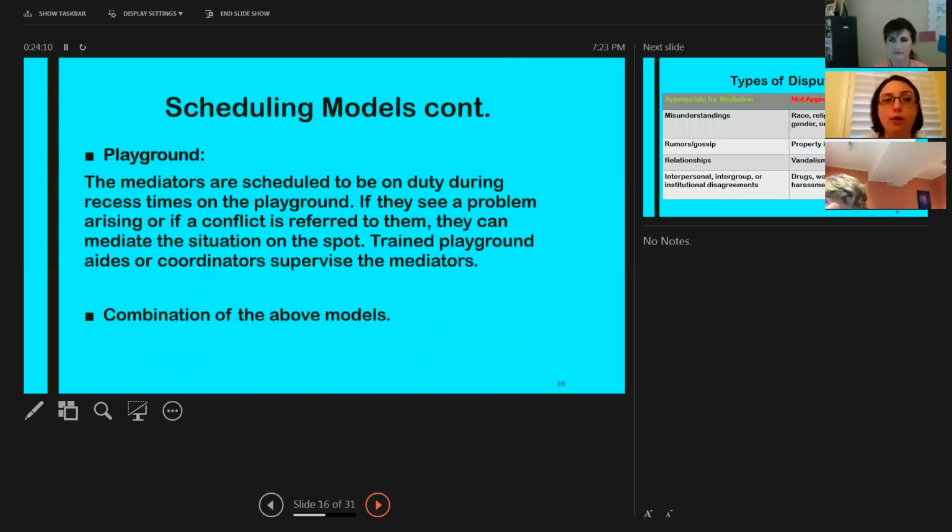Another option schools have done is lunchtime, where the students set up tables on the stage of the cafeteria, advertising for peer mediation, and students come up to them and the counselor is there. It's smart to always have a staff person there, especially at the elementary level, because you want that supervision. You can do a combination of those models.